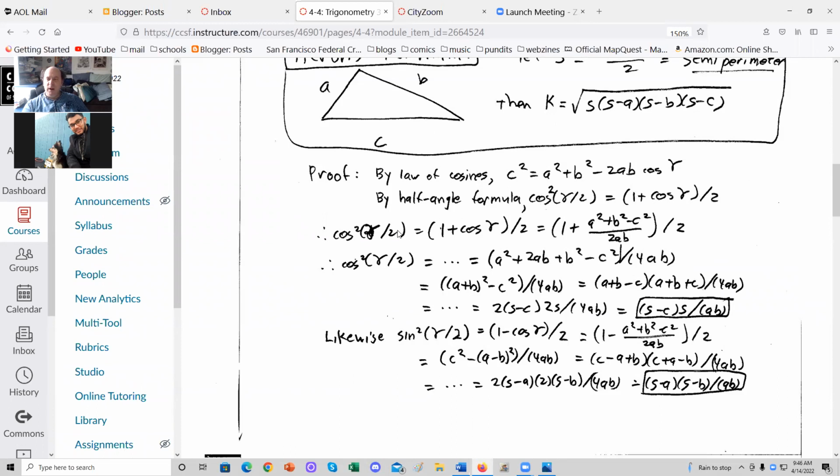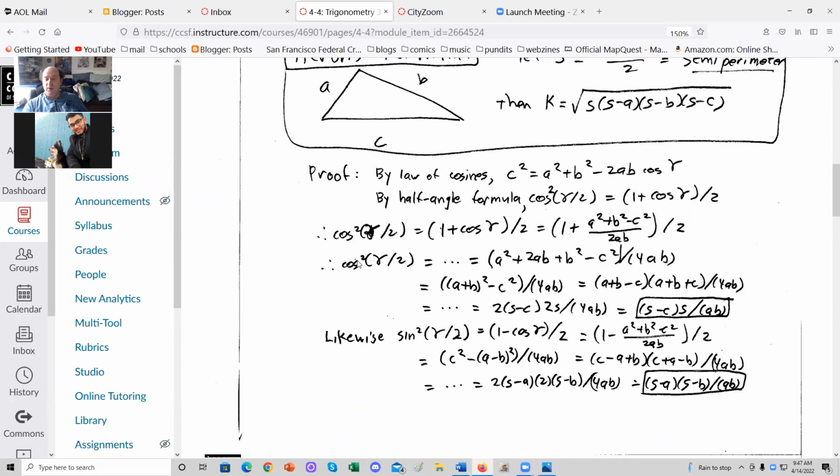So therefore, using the law of cosines, we can derive cos gamma. And so we get cos squared gamma over 2 is half of 1 plus cos gamma. And by the law of cosines, this cosine gamma is A squared plus B squared minus C squared over 2AB. That plus 1 all over 2 is cos squared gamma over 2.